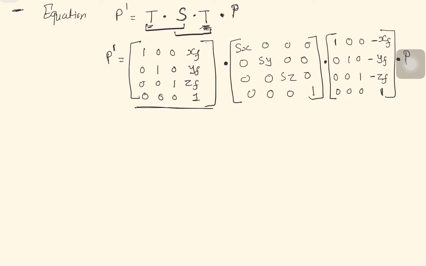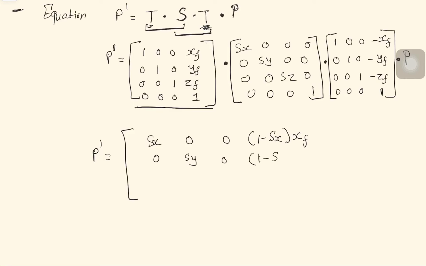So the final equation for P dash is equal to Sx 0 0 1 minus Sx xf. I am writing the direct answer because it consumes a lot of time to solve the matrix, and all of you know how to solve the matrix. So I am writing it directly.